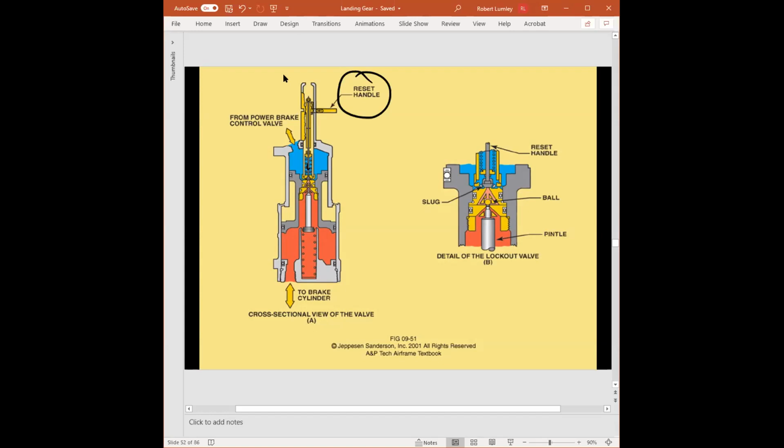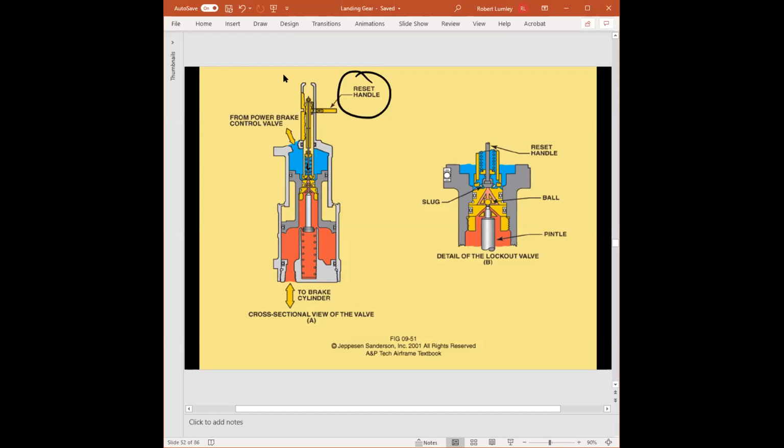We say, apply the brakes. Well, down at the landing gear, we lift up on the reset handle or actuate the reset handle, which then lifts the slug to allow fluid to get to the ball. When we open the bleed valve, once again, the pintle will raise the ball off of its seat so system pressure can flow to allow us to bleed the air out of the system.